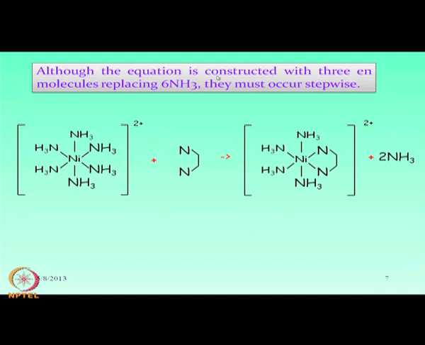In this equation, with 3 en molecules replacing 6 ammine molecules, the replacement must occur in a stepwise fashion.